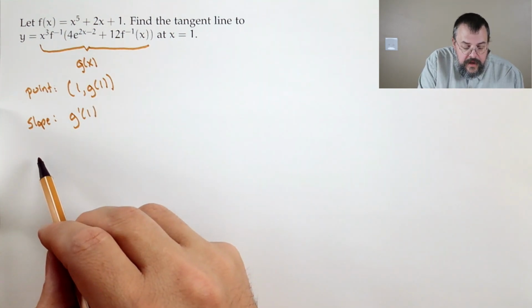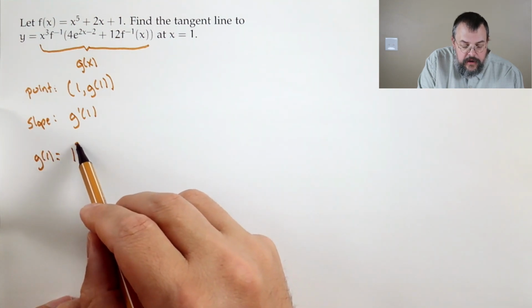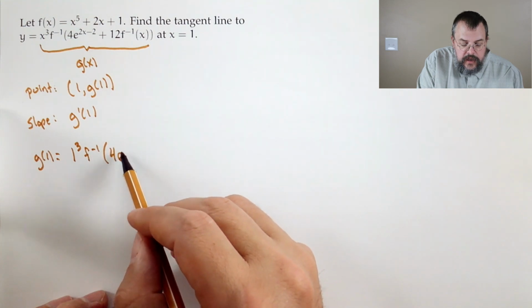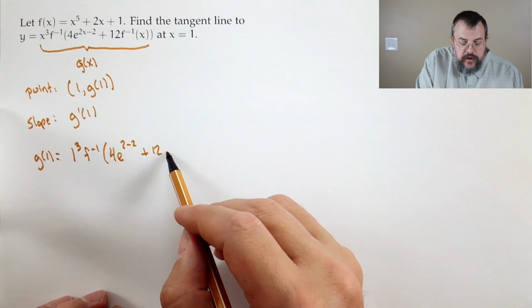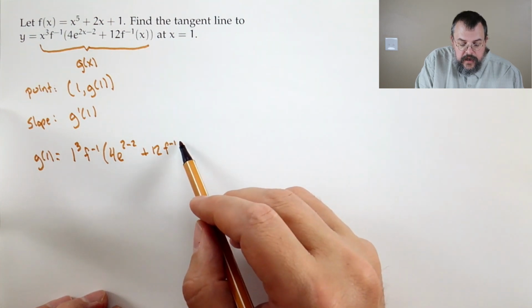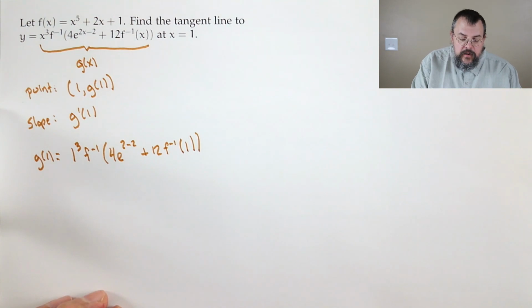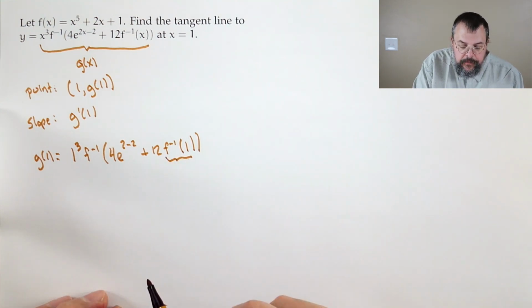So what do we have? Well, g of 1 is, according to this, 1 cubed times f inverse of 4e to the 2 minus 2, plus 12 f inverse of 1. Okay, so we're going to start peeling through here. F inverse of 1.